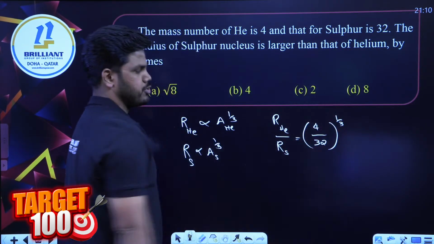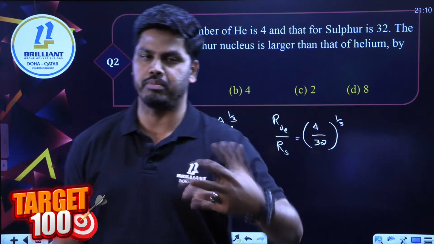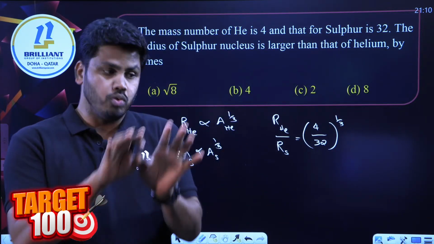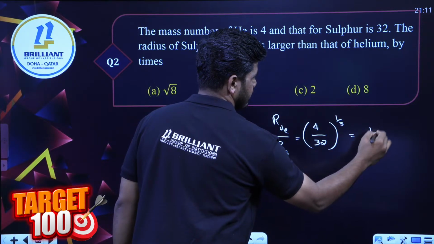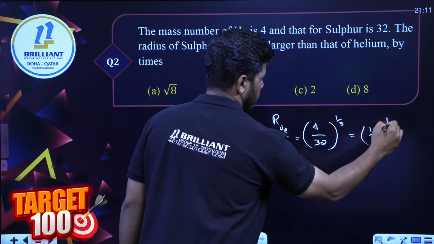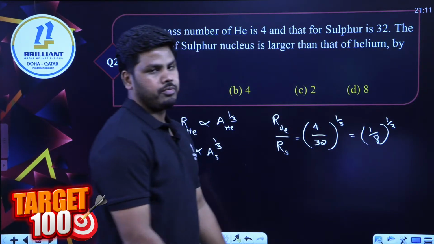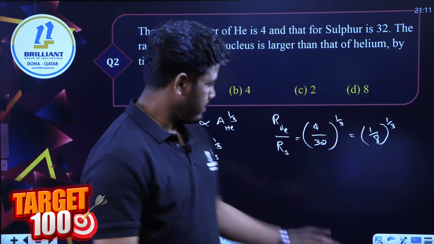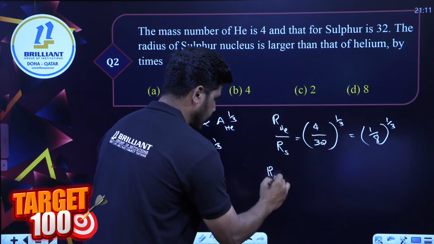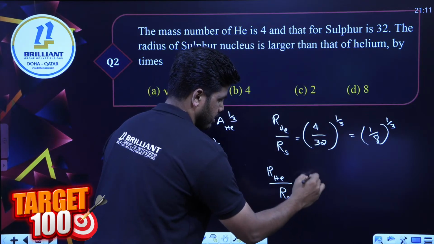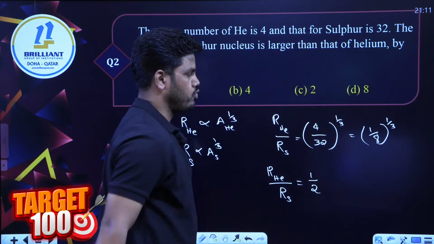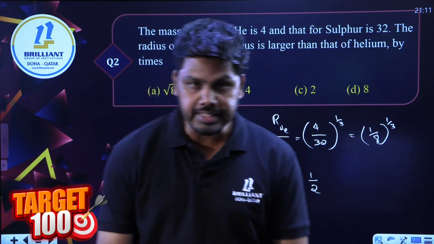That is 4 raised to 1 by 3 divided by 32 raised to 1 by 3, so we can take 4 by 32 whole raised to 1 by 3. We get 1 by 8 the whole raised to 1 by 3, and we know the cube root of 8 is 2. So radius of helium divided by radius of sulfur is just 1 by 2.